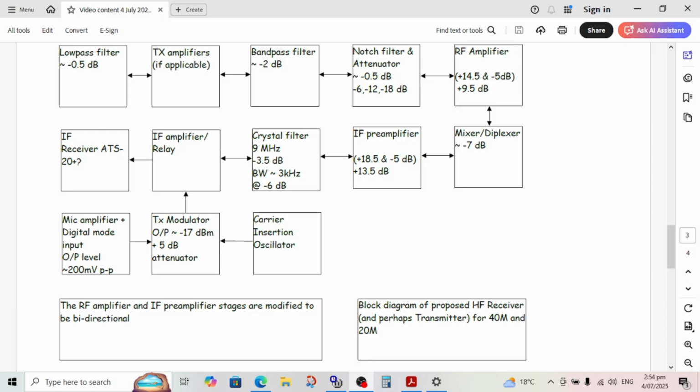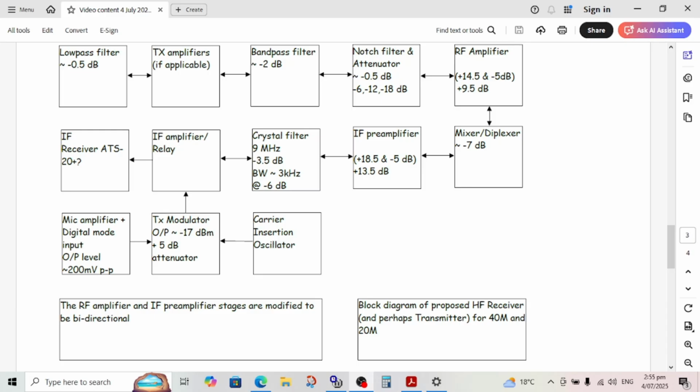Following the mixer is an IF preamplifier. This, together with the RF amplifier, are reversible, so it can be used in a transmit situation. The crystal filter is at 9 megahertz, and in this case it has a nominal loss of about 3.5 dB, and the bandwidth is typically around 3 kilohertz at the -6 dB points.